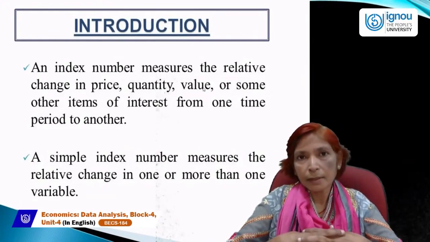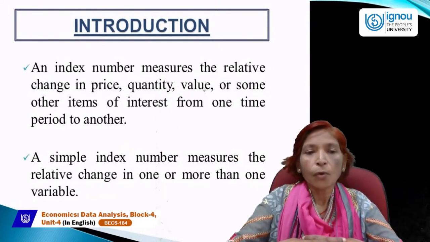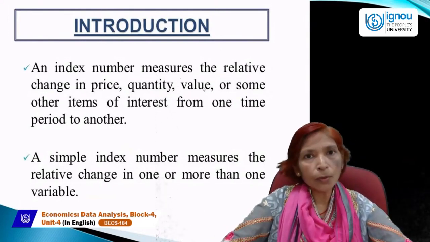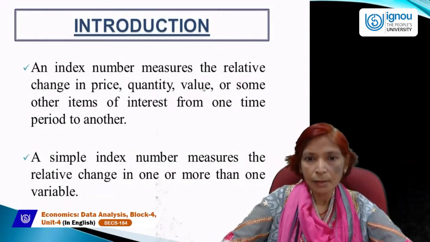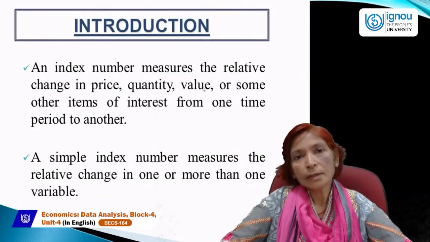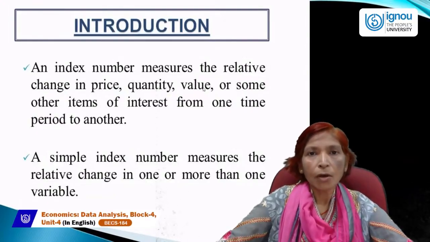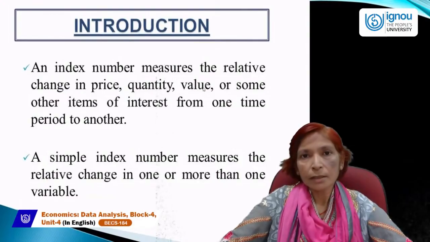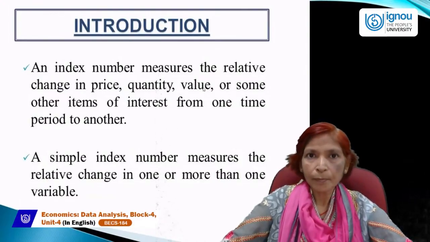An index number measures the relative change in price, quantity, value, or some other items of interest from one time period to another. Index numbers generally estimate the change, or percentage change, or relative change in price.